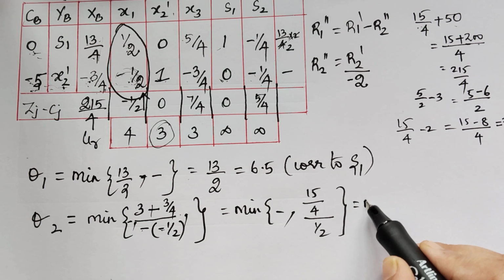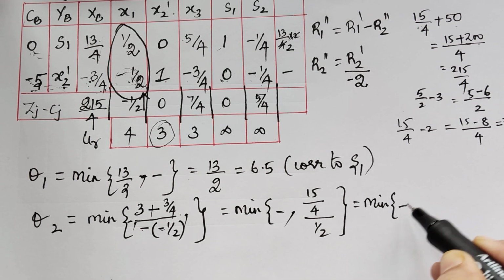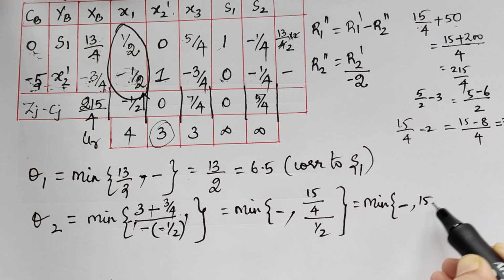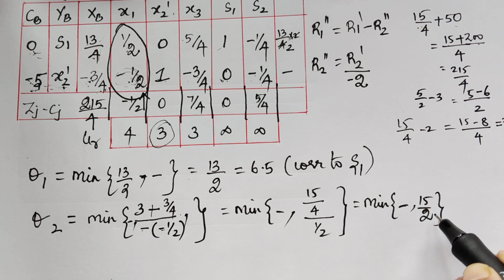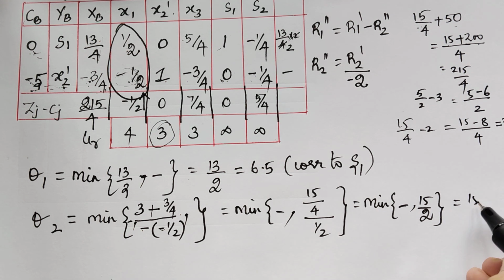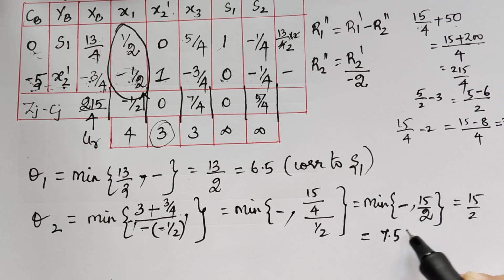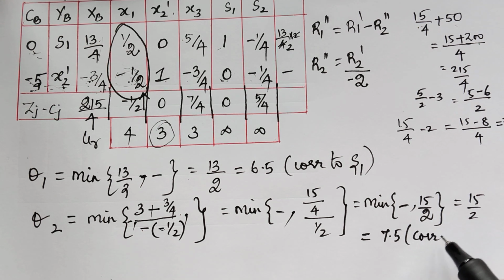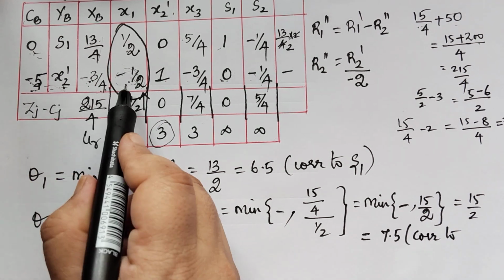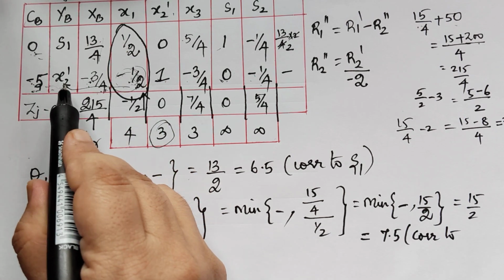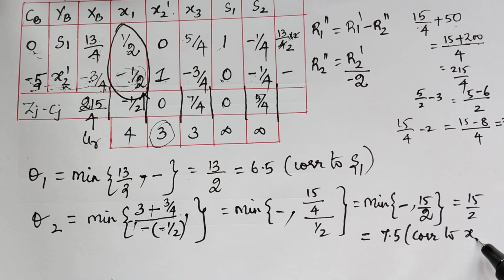So that is equal to the minimum of dash, comma, 15 by 2. And what is the minimum? Obviously it is 15 by 2 only. And what is that value? 15 by 2 is 7.5, and this is corresponding to x2 dash, because this was the negative one.